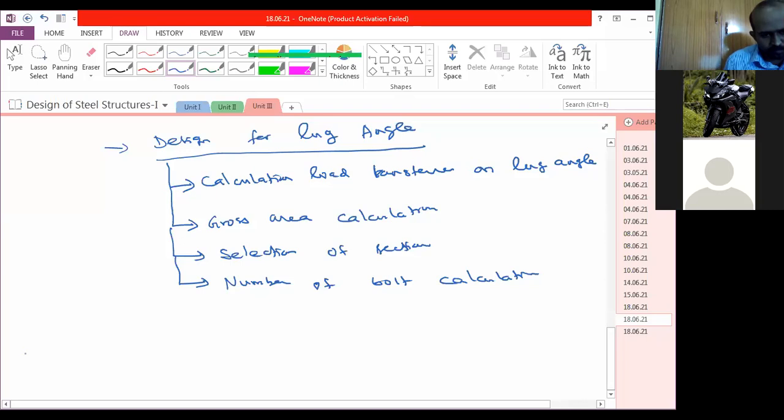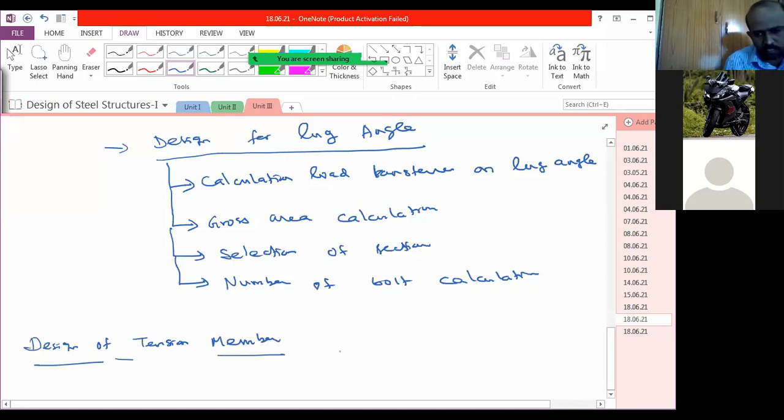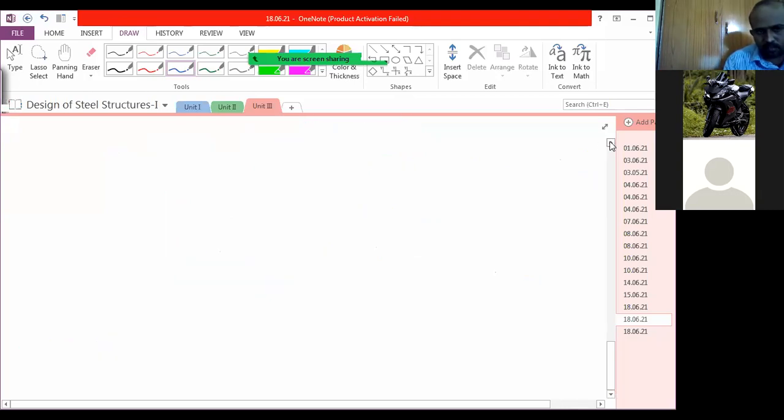Step number one, design of tension member. I will put a heading, design of tension member. I will put a heading for the calculation of gross area, step number 1. Whatever step you want to write, write it here.